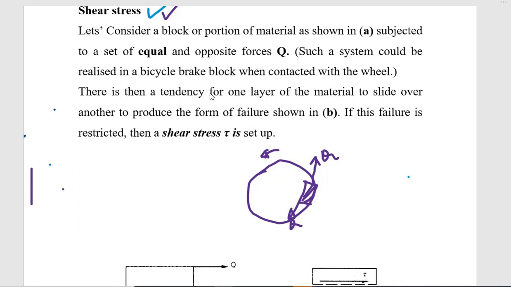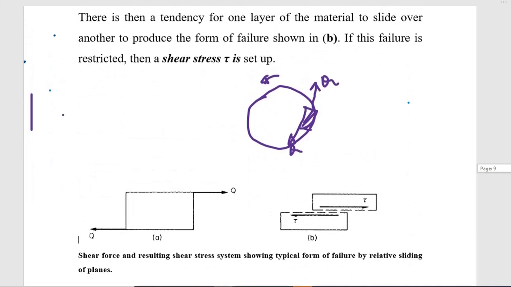There is then a tendency for one layer of the material to slide over another to produce the form of failure shown in B. So this material of the block, if we observe it properly, if it is to fail, then it can fail by shearing. You can have some layer being removed from the other layer, and therefore these two layers are going to move in opposite directions, tangentially to each other.